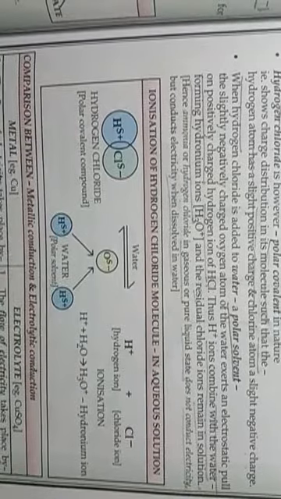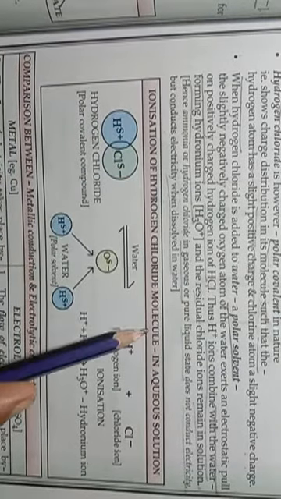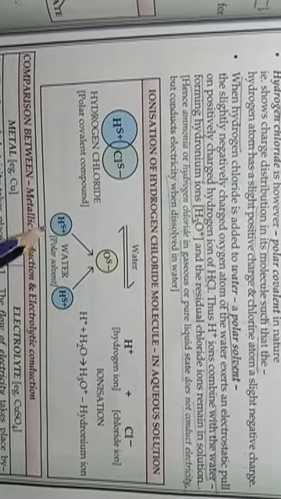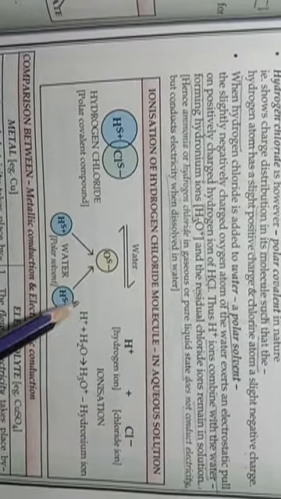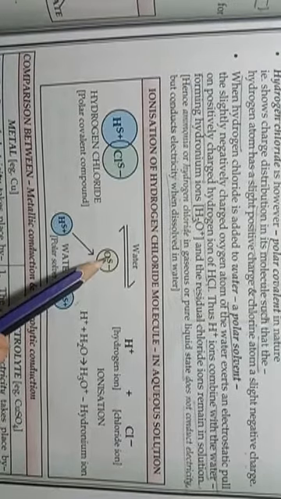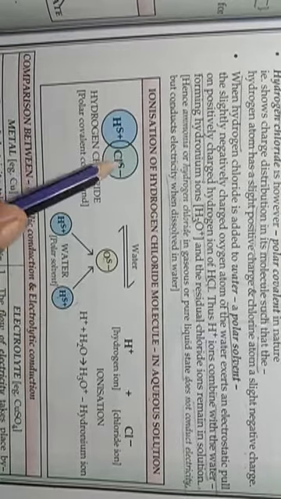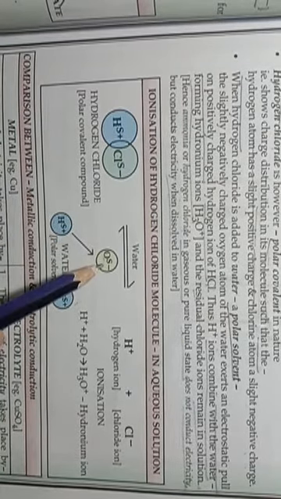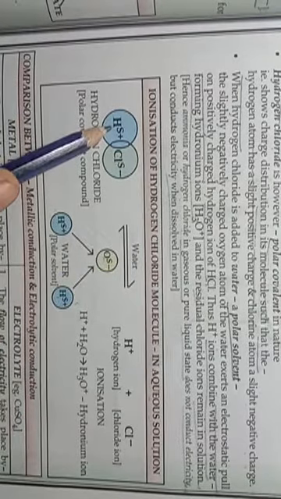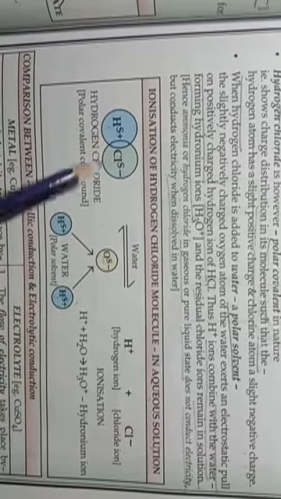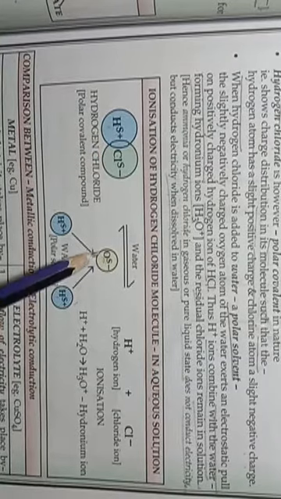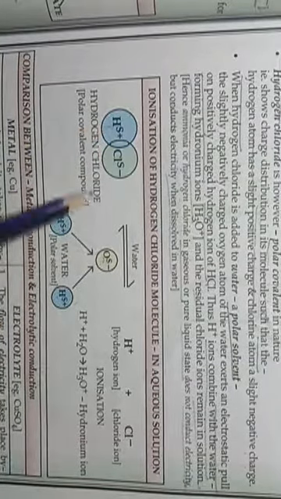As you can see here, ionization of the hydrogen chloride molecule in aqueous solution. This is the polar covalent compound HCl, and this is the polar solvent water. This is the partially negatively charged site of the water molecule and the partially positive site. Now when HCl is dissolved in water, this oxygen will attract the hydrogen atom towards itself due to opposite charges and the electrostatic force of attraction.